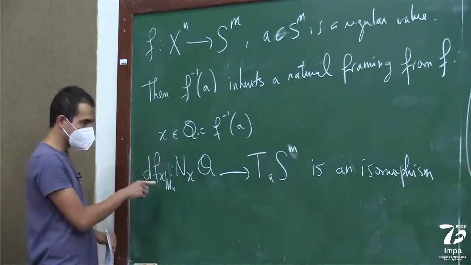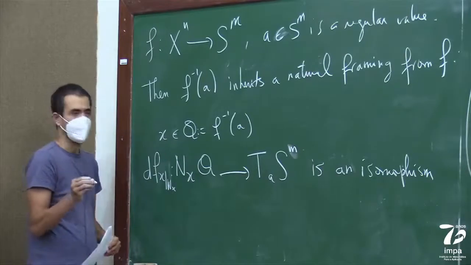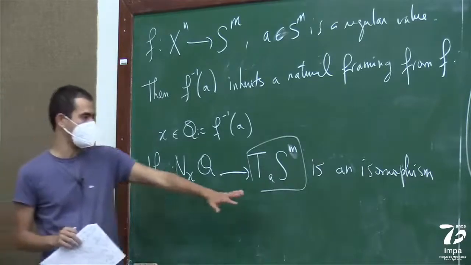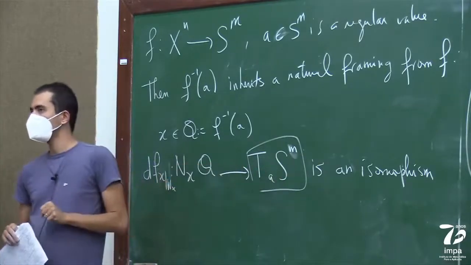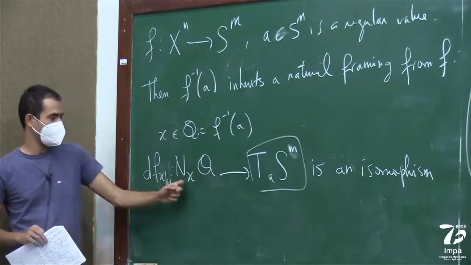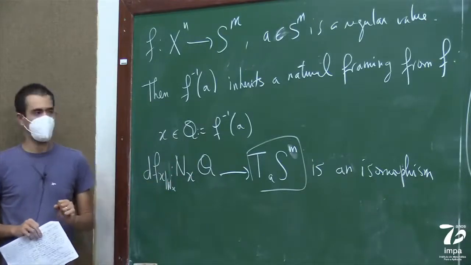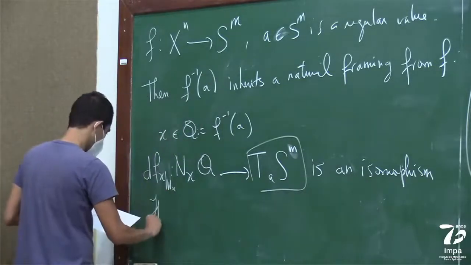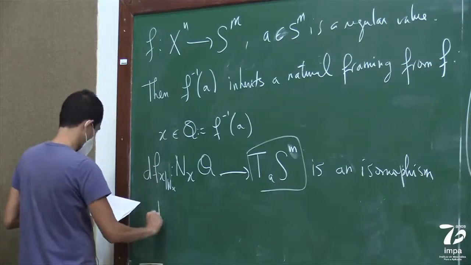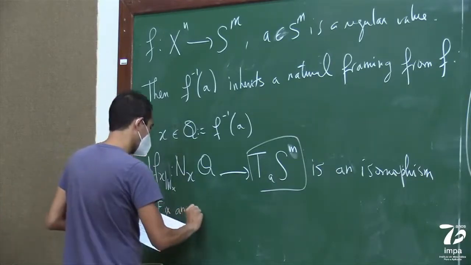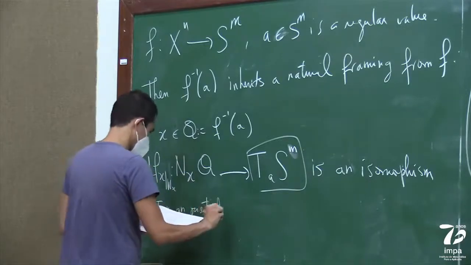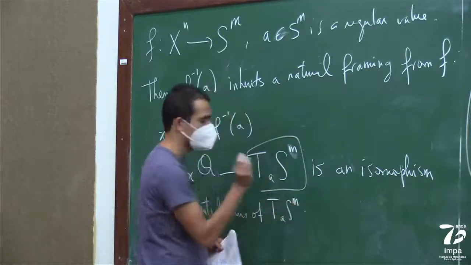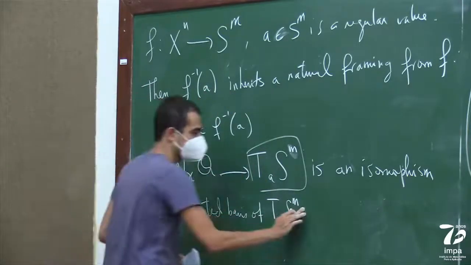And that means it's a natural isomorphism for every x. So now I just have to choose one fixed trivialization of the target. I choose my favorite trivialization, and that gives me a framing of Q. So I fix an oriented basis V1 through Vm of the tangent space of S^m at A, whichever one I want.